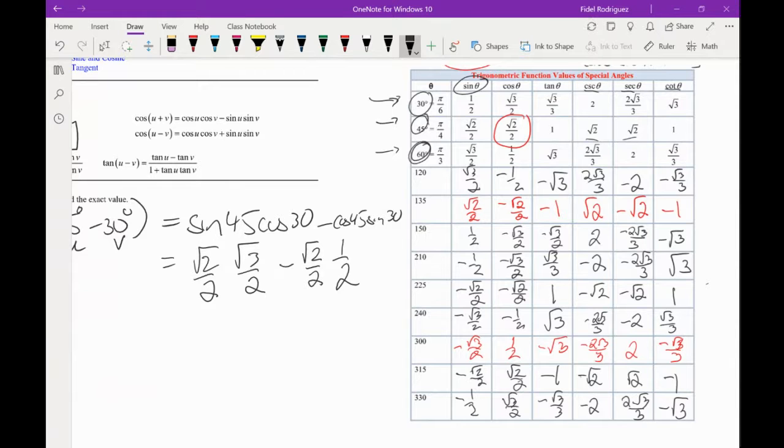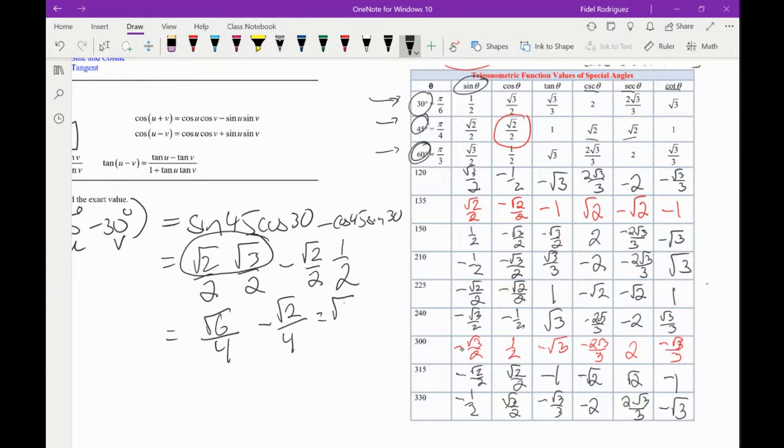Yeah, you sure? Okay. All right, let's do this. What's the square root of 2 times the square root of 3? Square root of 6 over 4 minus square root of 2 times 1? Square root of 2 over 4. Okay.